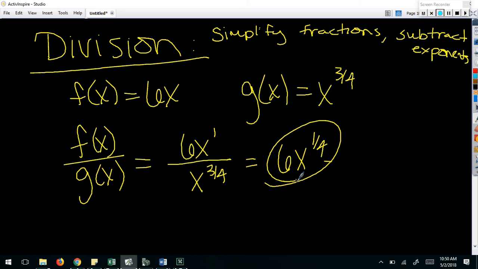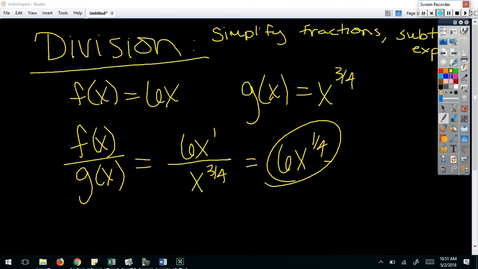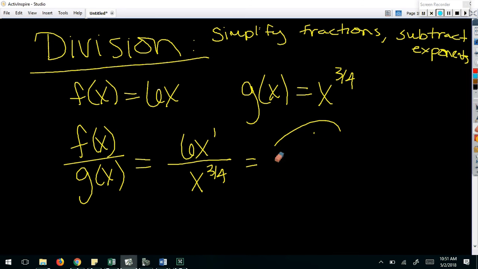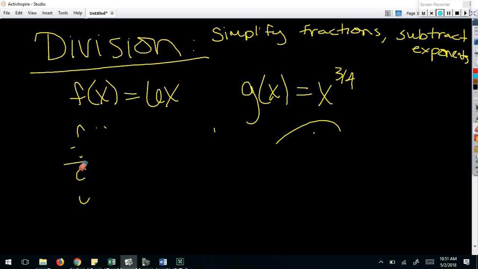If it's negative, you need to put it back in the bottom and make it positive. Yep. Take the same one and let's flip it around. So let's do g of x over f of x. That'll give us a negative.